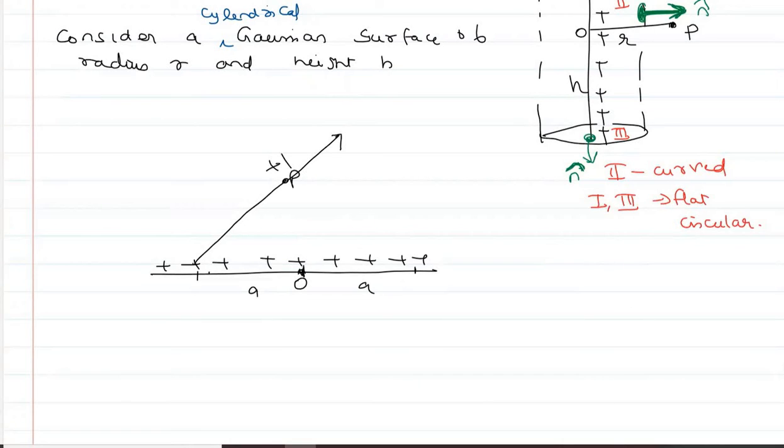Positive, positive. Whenever you need to find electric field intensity, you will place a unit positive charge at that point. Now this is a positive charge, the electric field will be this way. And similarly, due to this charge, what will happen? The electric field will be this way. Since the distances are equal, this will also be equal.